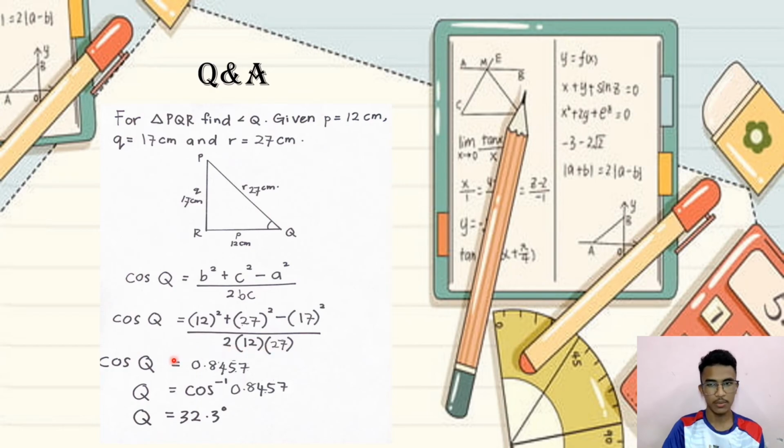So it becomes cos Q equals 0.8457. The cos, bring it to the left, and it changes to cos negative 1 of 0.8457. So we can solve it, and the answer I get is Q equals 32.3 degrees.